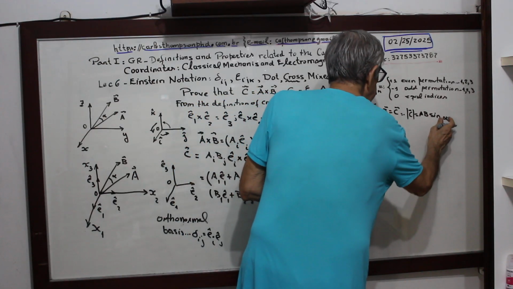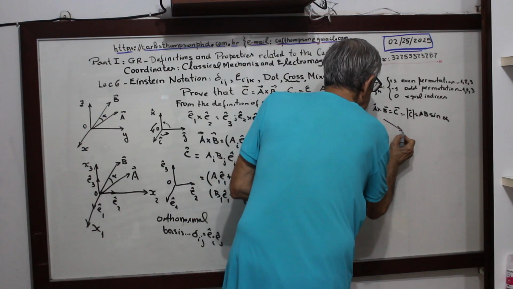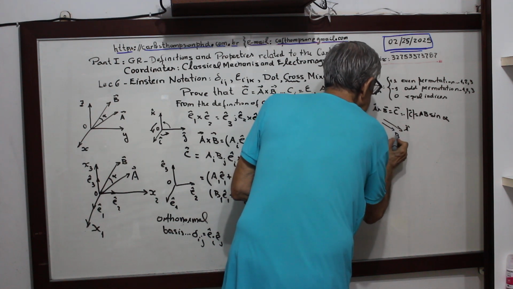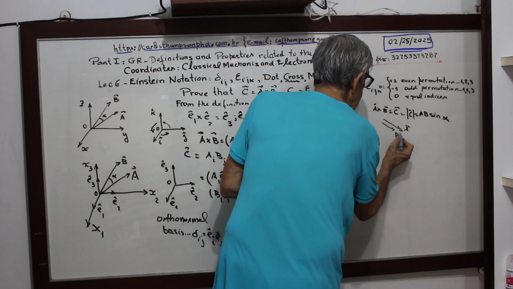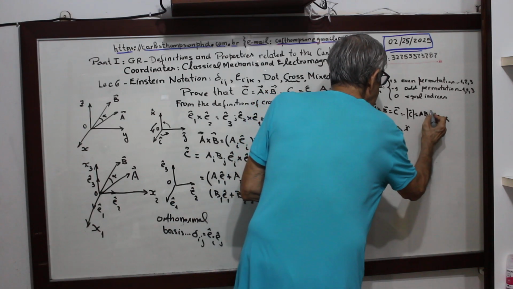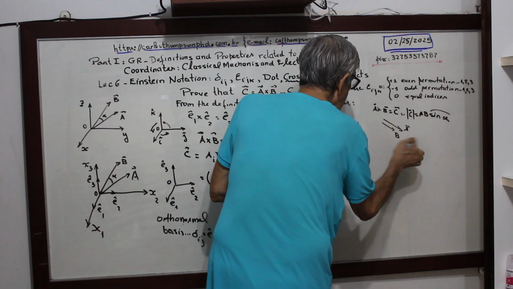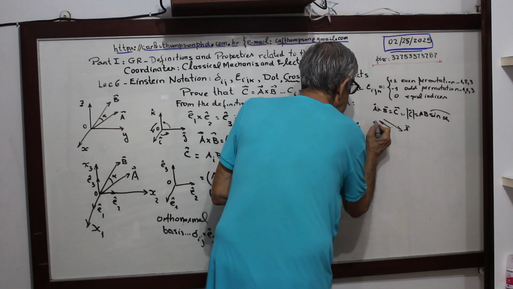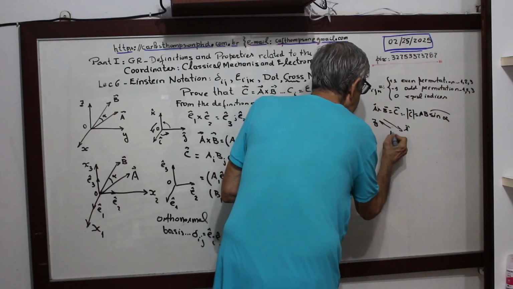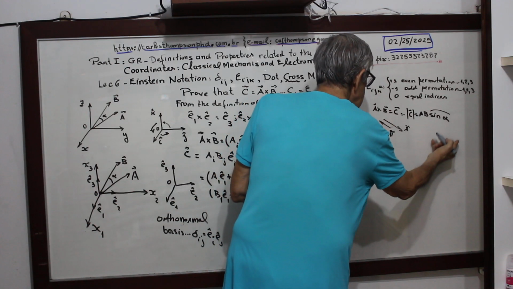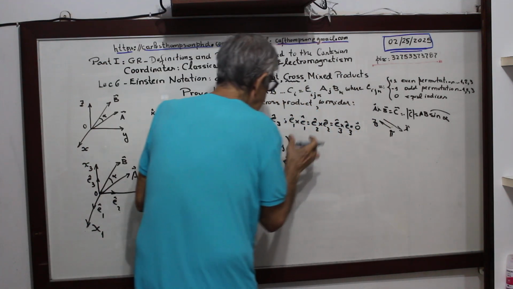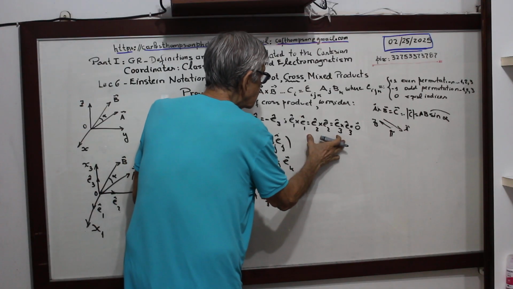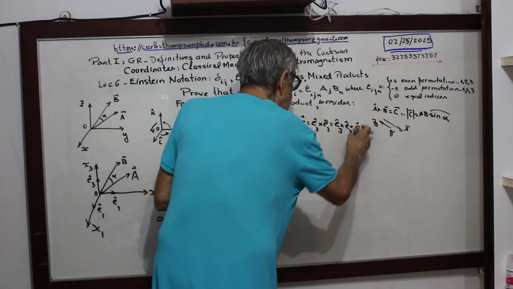So if I have a vector A and a vector B in the same direction, the angle will be 0, so sine of 0 is 0. Or if they have opposite directions, the angle will be pi, and sine of pi is 0. So when the directions coincide, the cross product will be the zero vector.